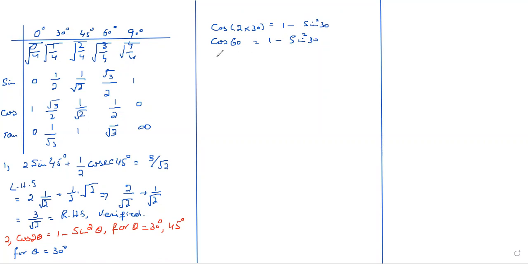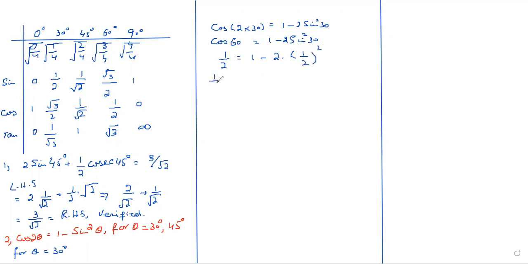1 over 2, which is equal to 2 sine square theta rather. Okay, 2. Right. Equals 1 minus 2 times (1 over 2) square, which is 1 over 4.